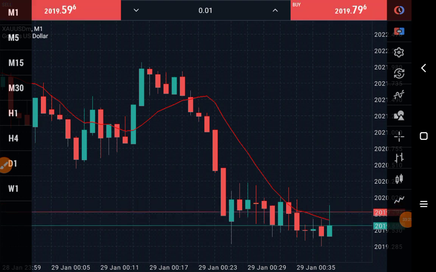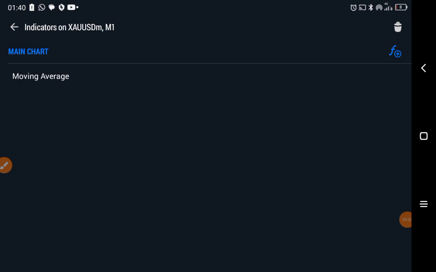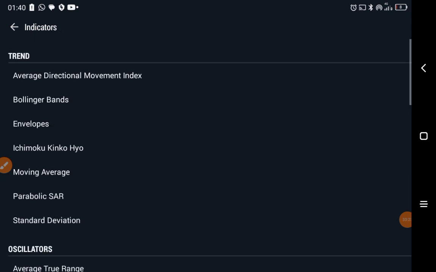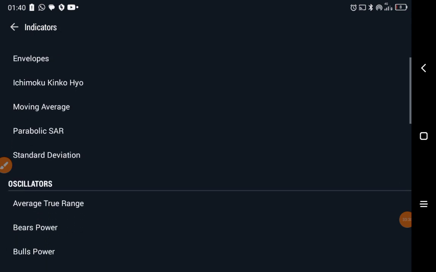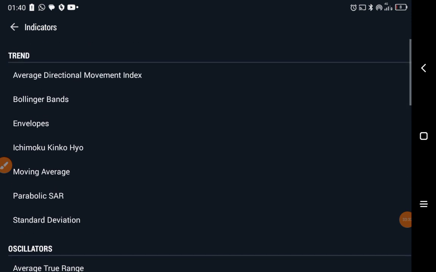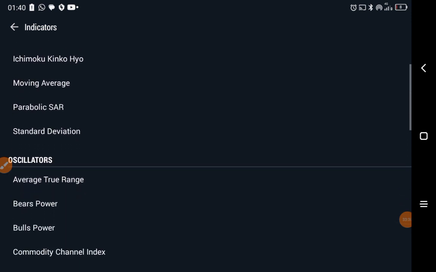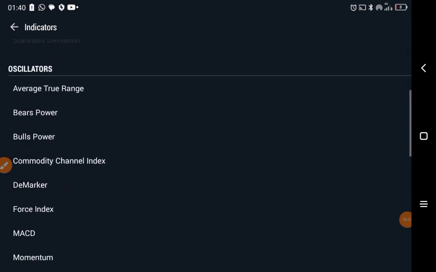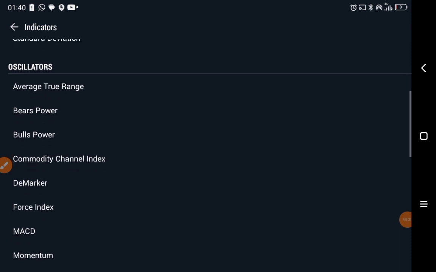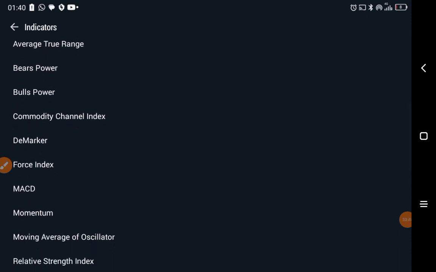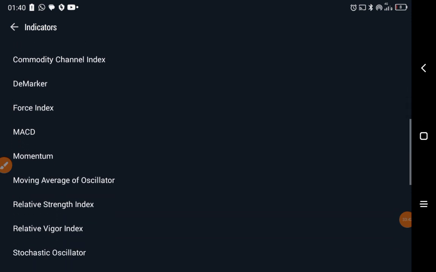Now let's check another indicator, like the stochastic oscillator, our good old stochastic oscillator. See the oscillators family here, and under oscillators, the stochastic oscillator.